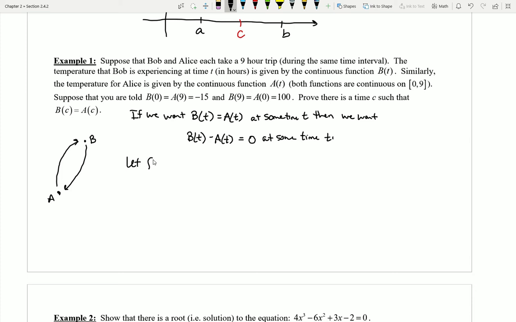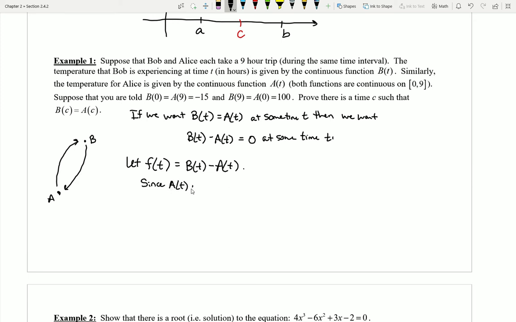How about I create a function that calculates the difference between their two temperatures? I don't know what those differences are going to be, but let's suppose that's what f tells me. f tells me the difference between the two temperatures. Now, since a is continuous and b is continuous, I know that f is continuous.